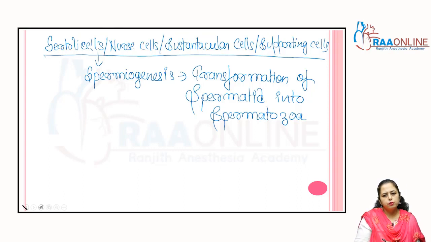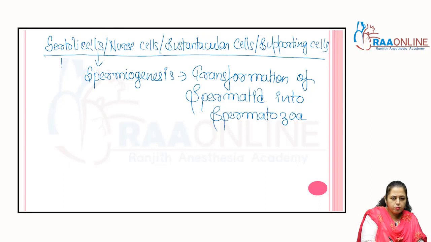Transformation of spermatid into the spermatozoa, that process is called the spermiogenesis. So that's why FSH acts upon the Sertoli cells to provide the spermatogenic substances, right?